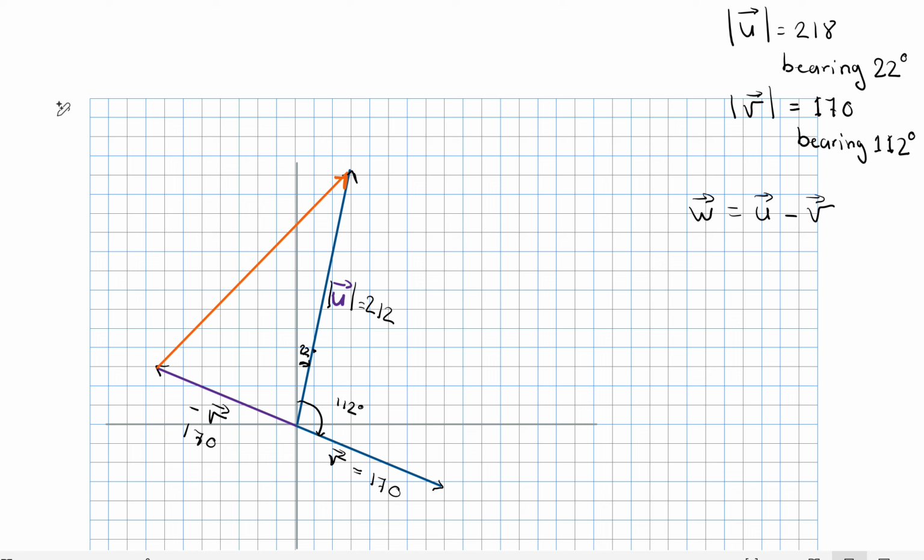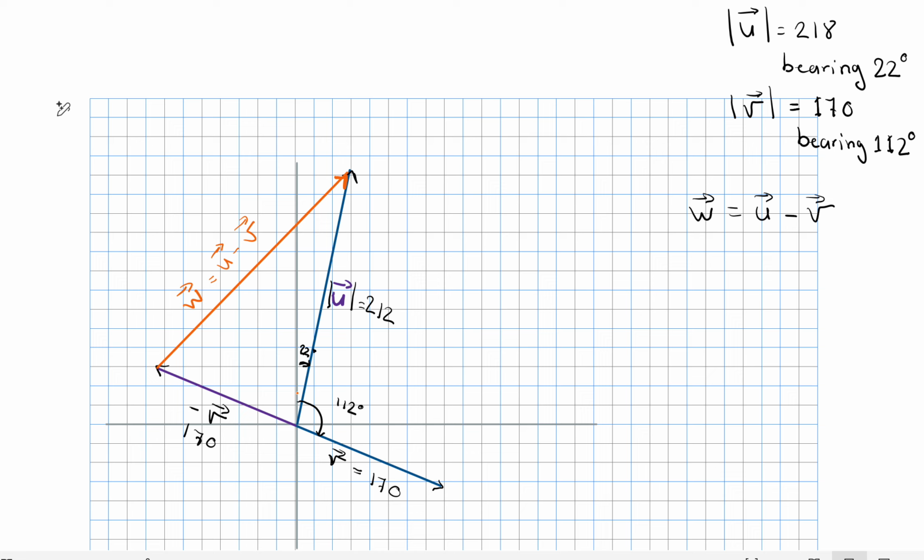So this is now going to be vector w, which is u minus v. Okay, and we had to find the magnitude of that vector, and so we had to figure a few things out.